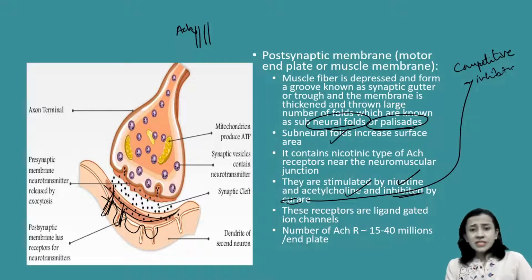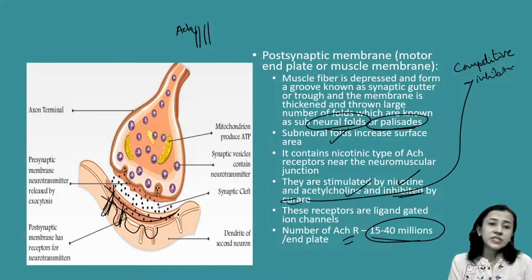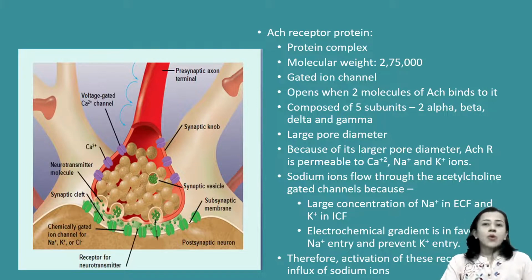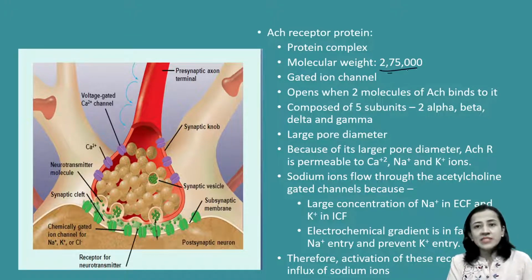Now, about 15 to 40 million acetylcholine receptors are present on this end plate. Try to remember this value also. Now another thing, this is the acetylcholine receptor protein. This is a protein having a molecular weight, try to remember, 275,000.